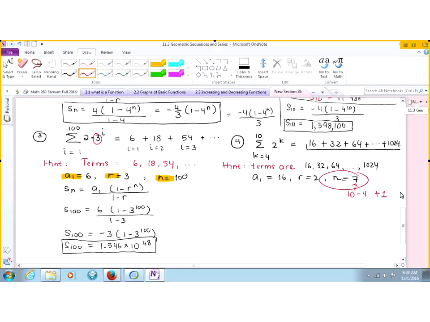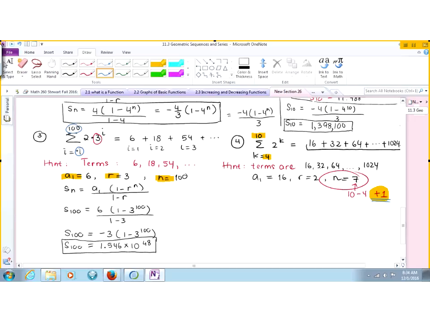You start with 4, so 4, 5, 6, 7, 8, 9, 10. I'm using my fingers, but 7. So remember, the number of terms you have to add is the higher minus the lower summation limit, and then you add 1.